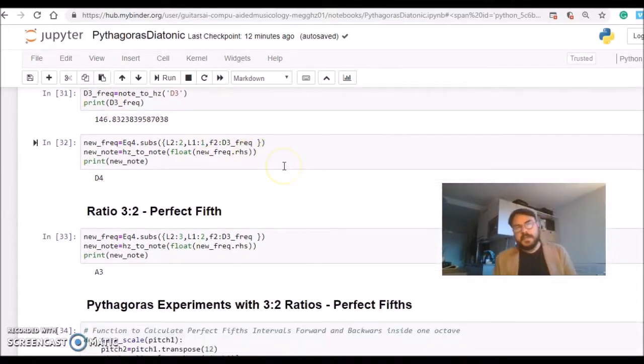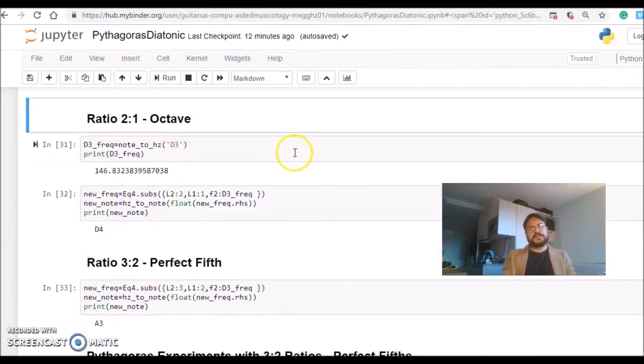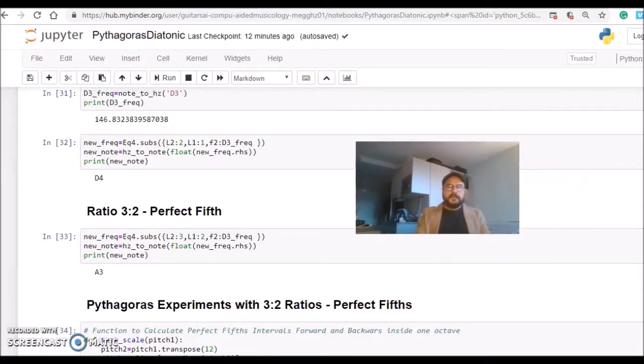Okay? He experimented with different ratios, and some ratios he found out were very pleasant to the ears, like the octave, for example, and some were not so pleasant. And after the octave, which is the ratio 2 by 1, he was very impressed with the ratio of 3 by 2. And he said that after the octave, this was the most pleasant interval of all in these ratios.